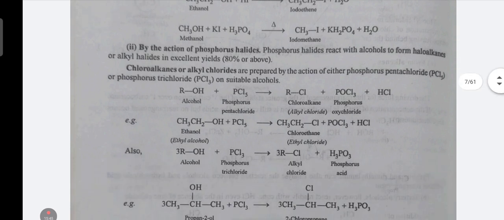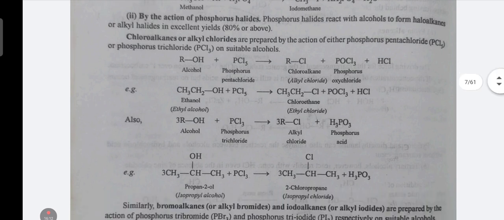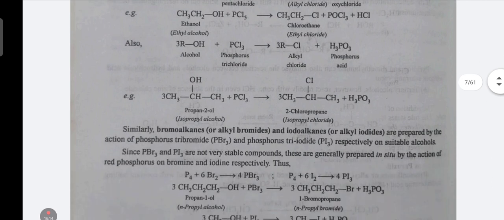By the action of phosphorus halides. Phosphorus halides react with alcohol to form haloalkane or alkyl halide in excellent yield. Chloroalkane or alkyl chloride is prepared by the action of either phosphorus pentachloride or phosphorus trichloride on a suitable alcohol.